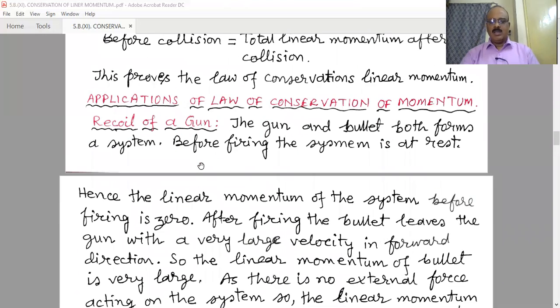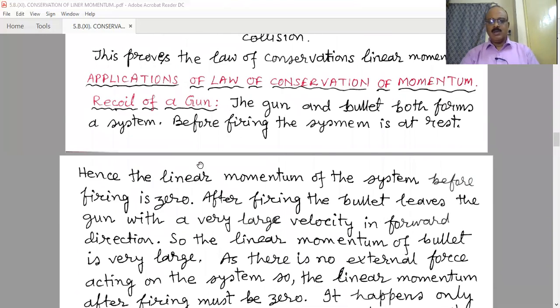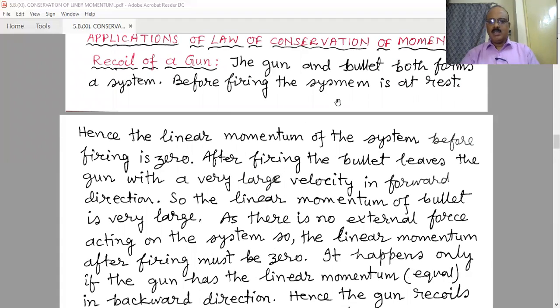Now we will learn about some important applications of the law of conservation of momentum. Number one is the recoil of a gun. The gun and bullet both form a system. Before firing, the system is at rest, and the linear momentum of the system before firing is 0.